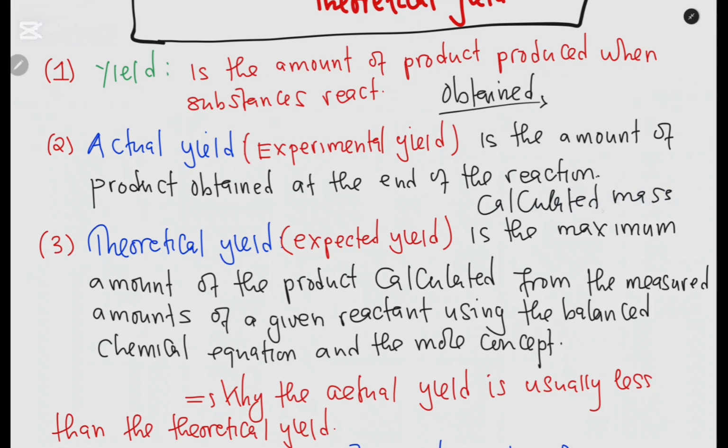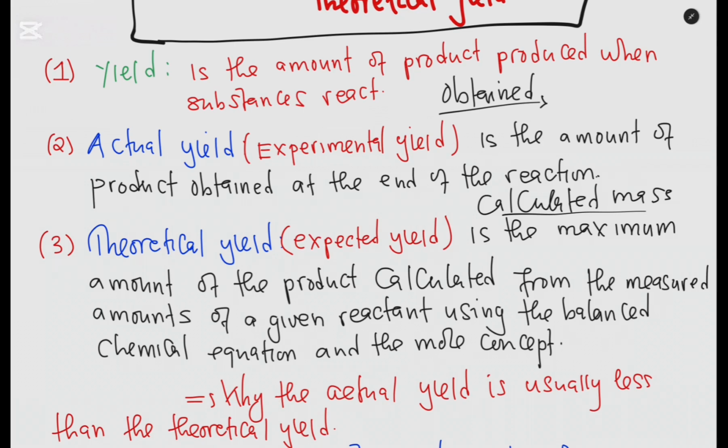So theoretical yield can also be called expected yield, calculated mass, or calculated yield, because this one you normally calculate. You cannot calculate the actual yield, it is what is obtained, but for theoretical yield you calculate it.